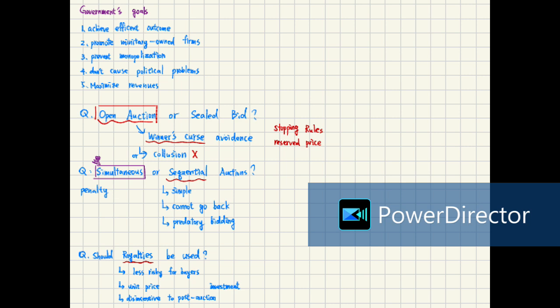So the final question is, should royalties be used? Yes, of course, because it is less risky for buyers and a disincentive to post auctions. So it should be used.